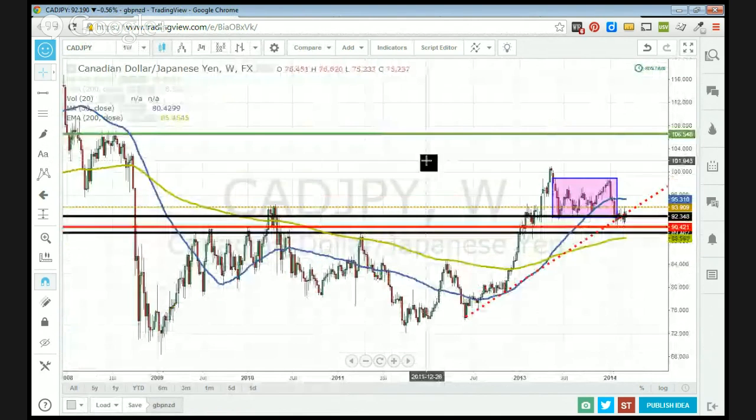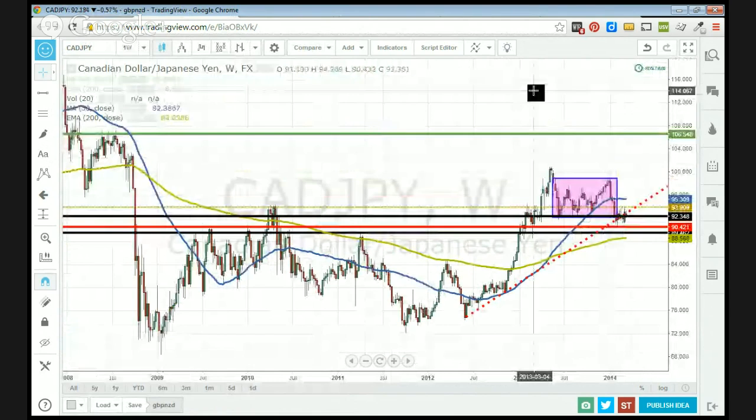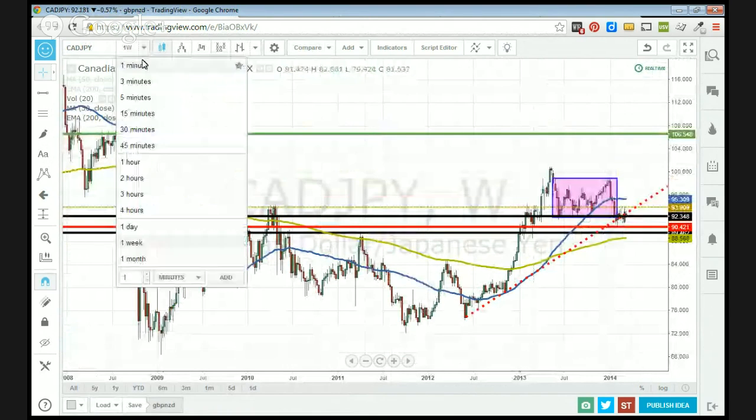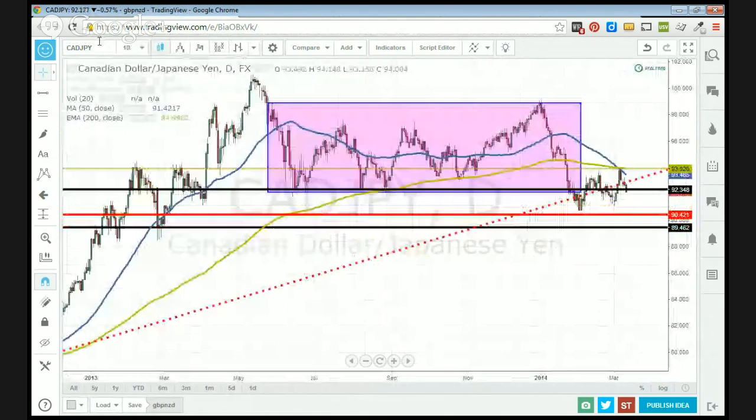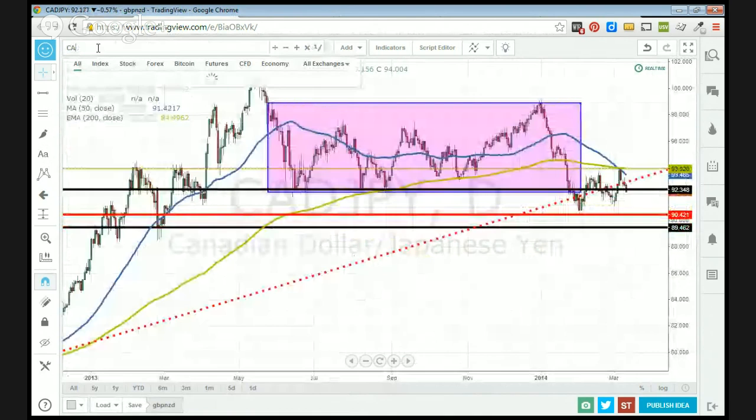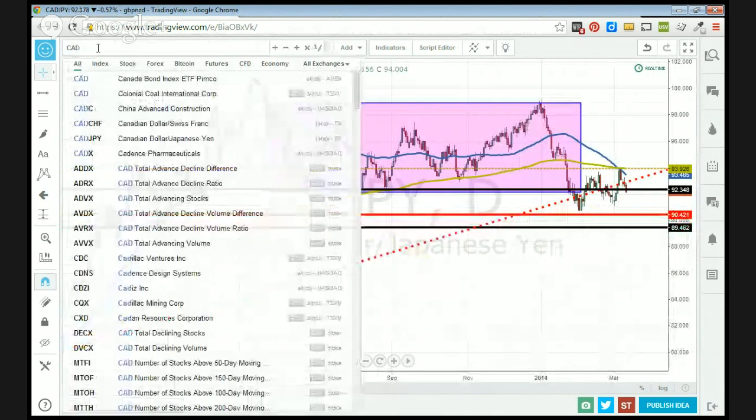This is speculating the yen is finally going to start heading up. We'll see. Okay, Canada yen.